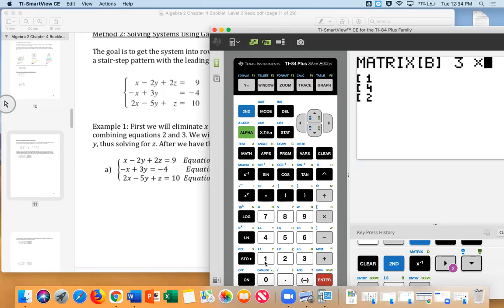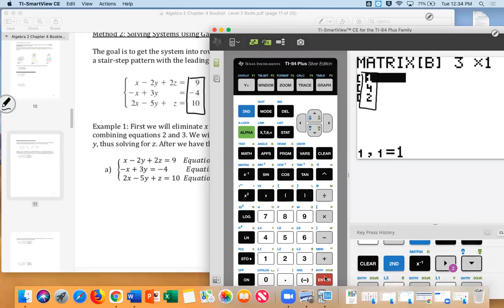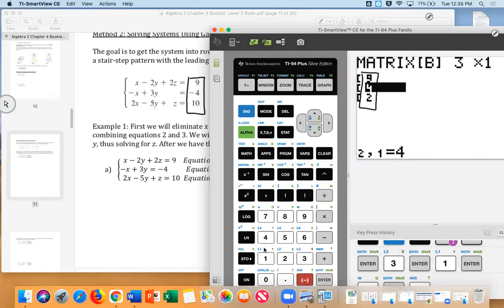So there are 3 equations with 1 answer. This column and this column better be the same. It's my answer matrix. So everybody go to 9, -4, enter, and 10, enter.